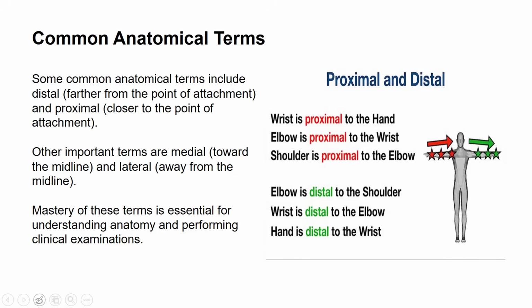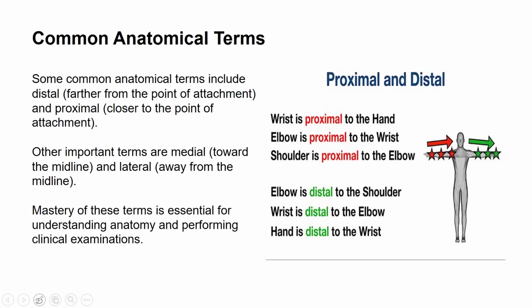And we have proximal, which means closer to the point of attachment. Other important terms are medial, which means toward the midline, and lateral, which means away from the midline. Mastery of these terms is essential for understanding anatomy and performing clinical examinations.